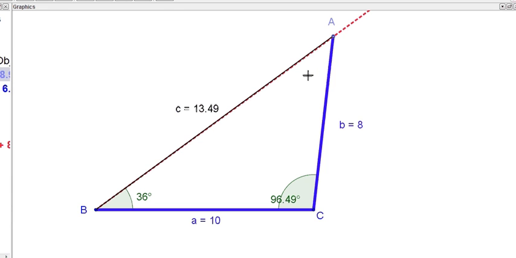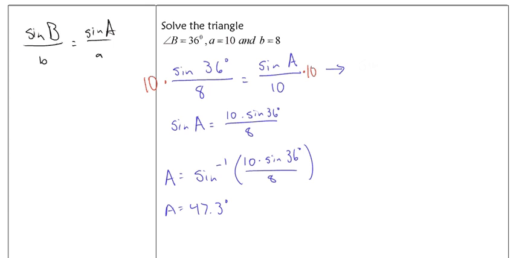Now, once we know that, we can just subtract 36, and this one we wouldn't know quite yet, so let's go back to the problem itself. So we'll have our triangle looking something like that, where this is 36 degrees, and this one here we're finding out is 47.3 degrees.